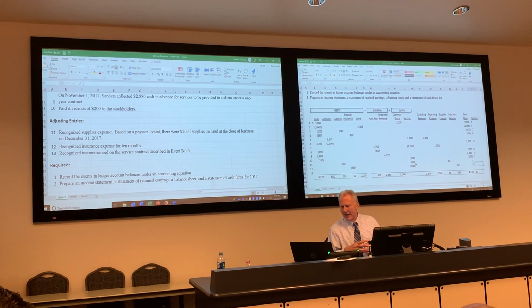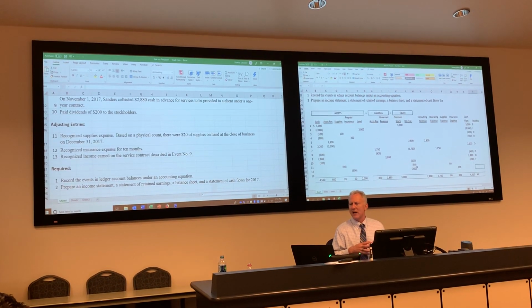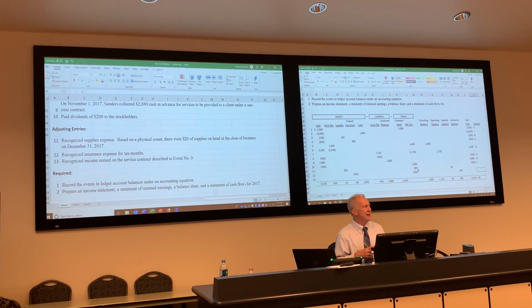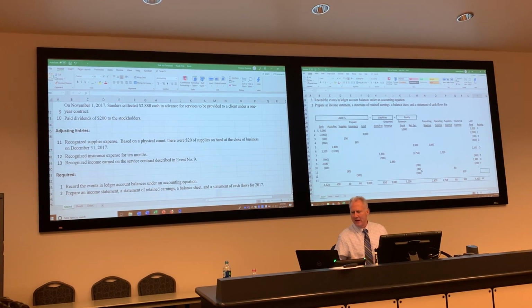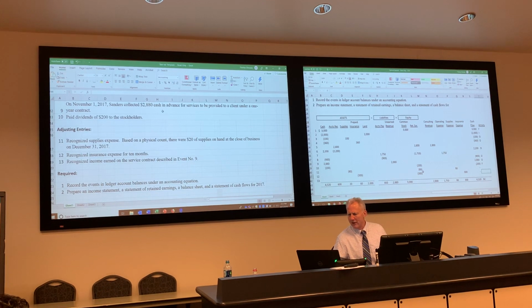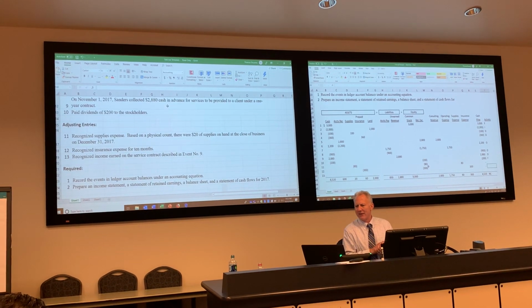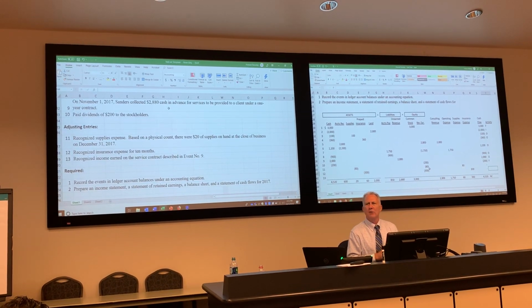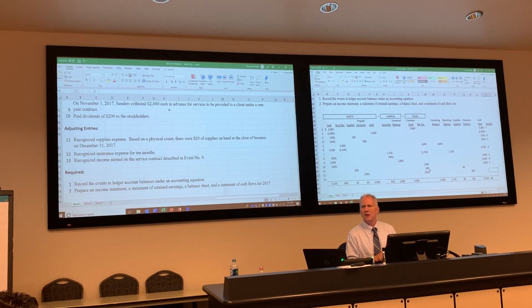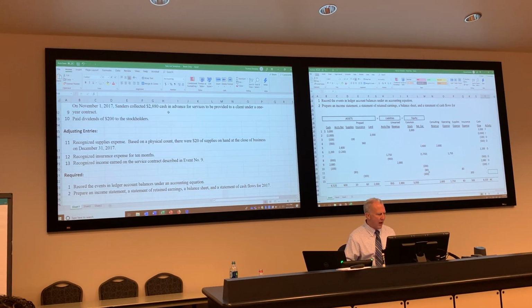Last transaction, recognized income earned on the service contract described in event number 9. So in event number 9, we collected $2,800 cash in advance. We're gonna provide services to the client for 1 year. We did that November 1. How much did we earn? 2 months, 2/12, right?